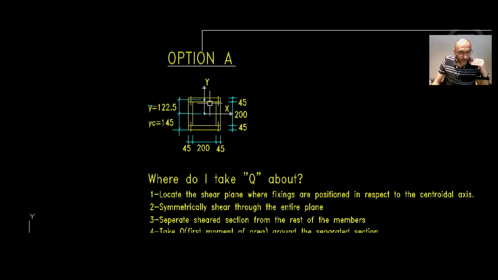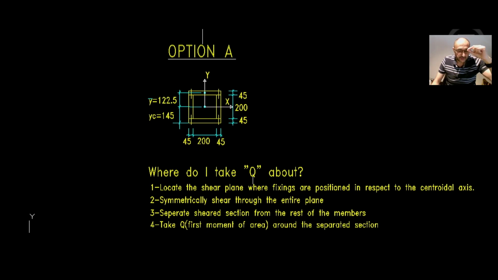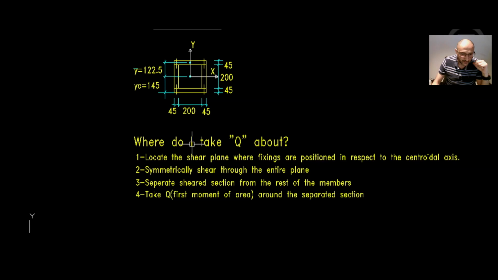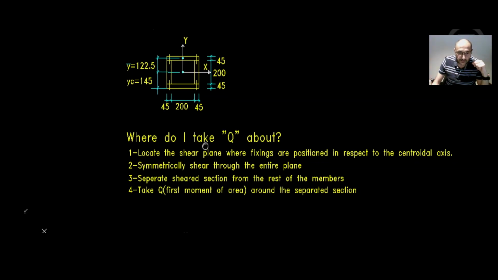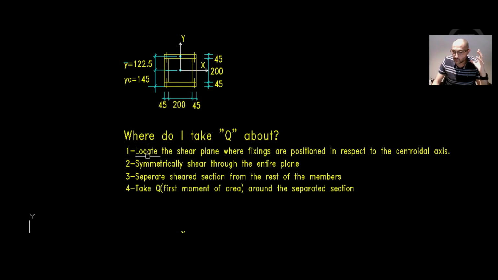And Y bar in this case is 122.5 millimeters, so that is the distance from the geometrical centroid of the whole section to the centroid of this upper area here. But we will talk about y bar a bit more later. So the first question we would ask ourselves is, where do I take Q? And this is probably the tricky part. Where do I take Q about?